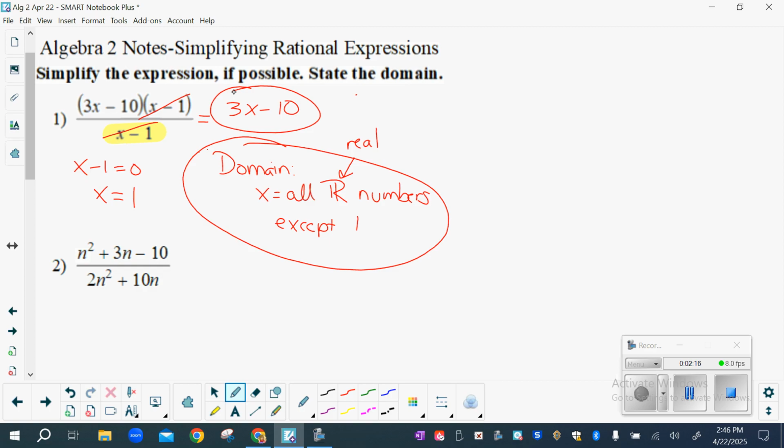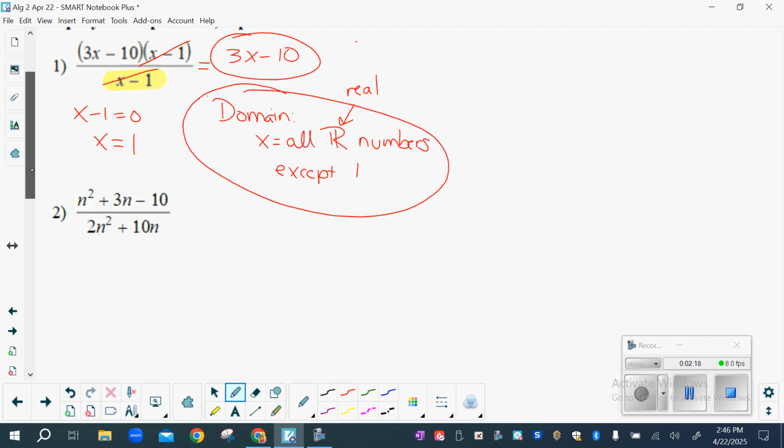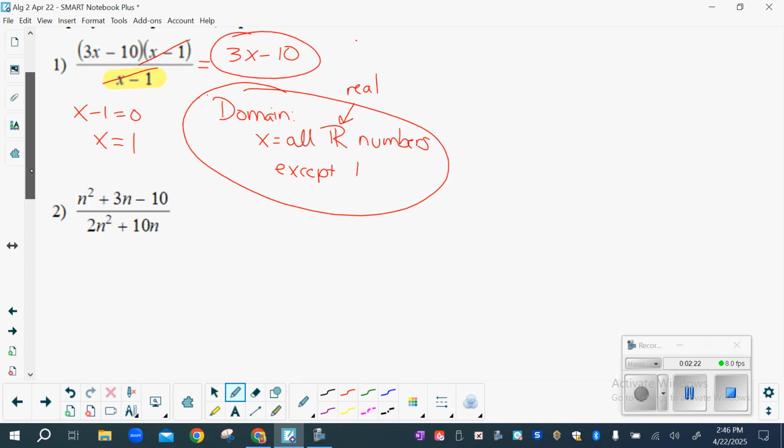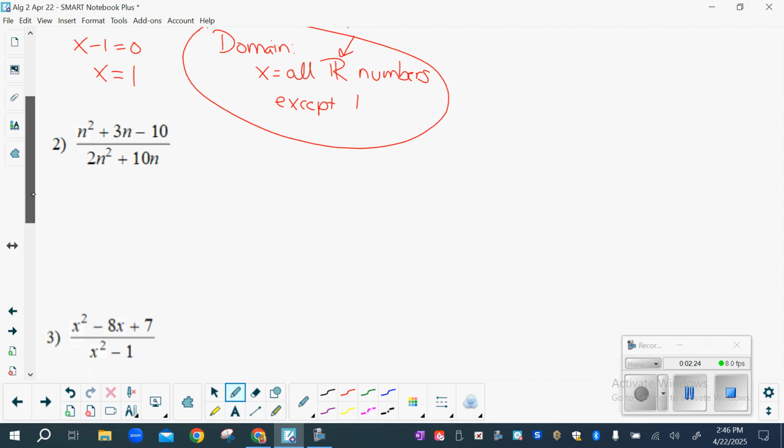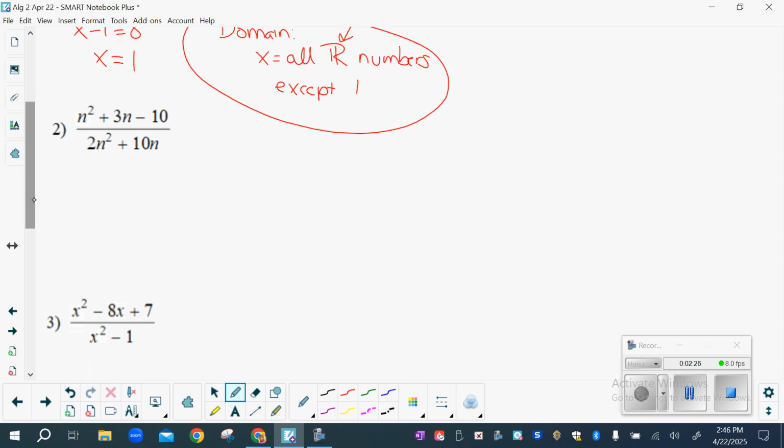So now on number 2. I can't do any canceling right now, can I? No, because it's addition. So what could I do to be able to cancel? Starts with an F. Factoring, that's right. How do I factor my numerator? Lots of factoring this unit.